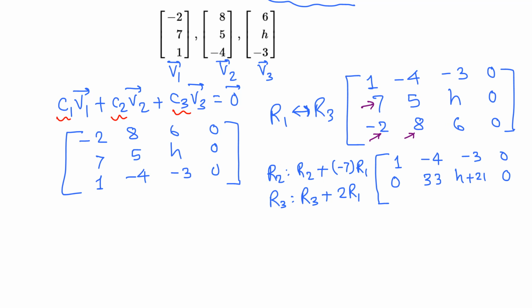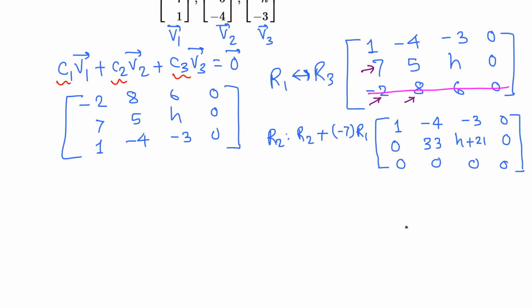So we don't even have to write anything, because these two rows are just constant multiples of each other. So this is all 0, and we can just write 0 0 0 0.